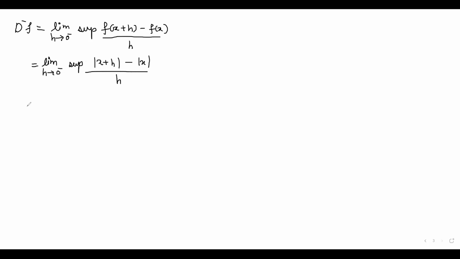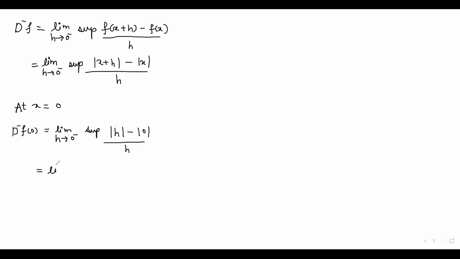So now at x equals 0, this upper left derivative at 0 is equal to limit h tends to 0 minus supremum of (mod h minus mod 0) upon h.